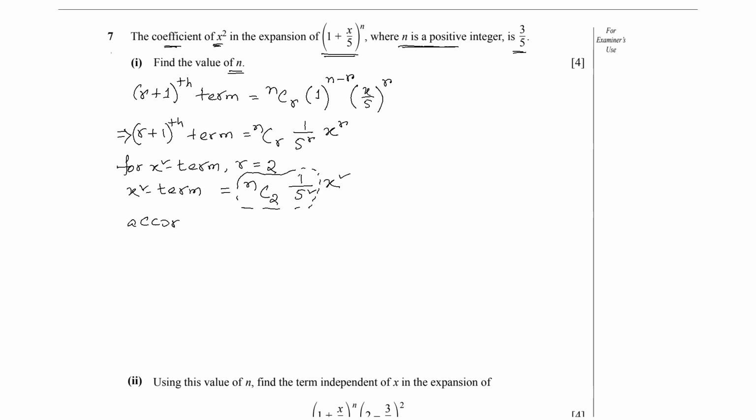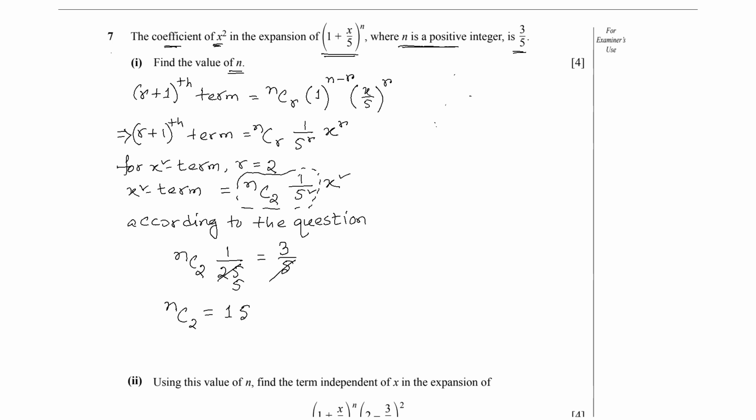So let me write, according to the question, it says that this nC2 times 1 over 25, which is 5 squared, is equal to 3 over 5. Now this 25 can be divided by 5 and the result is 5. And 5 times 3 is 15. So in the next line we can write nC2 is equal to 15.